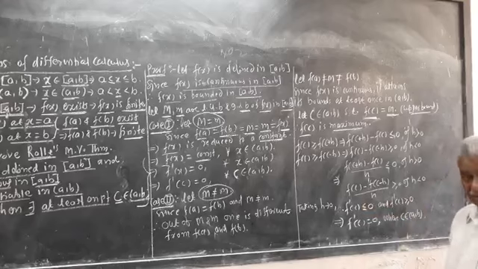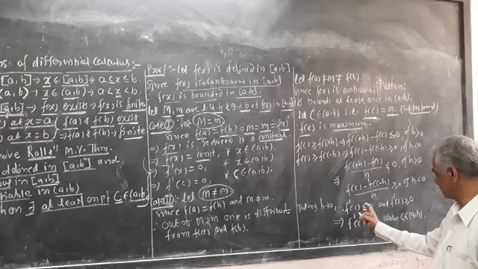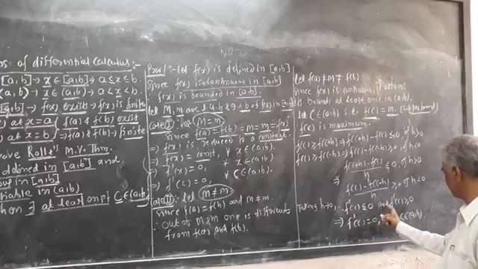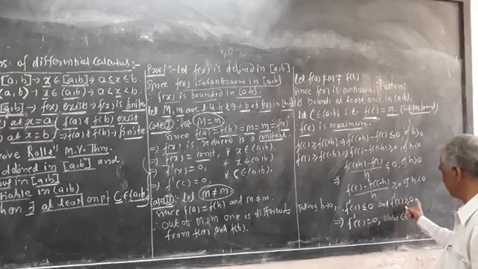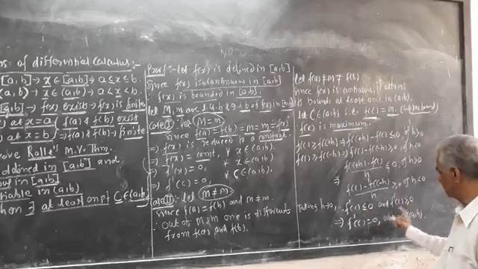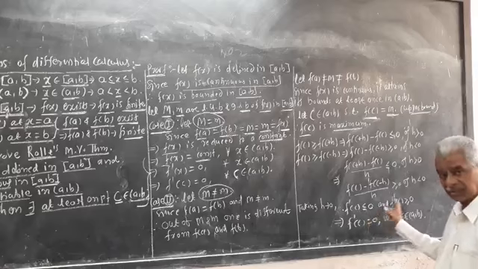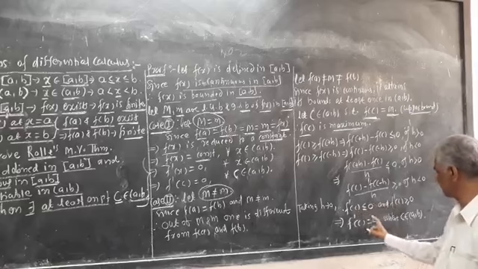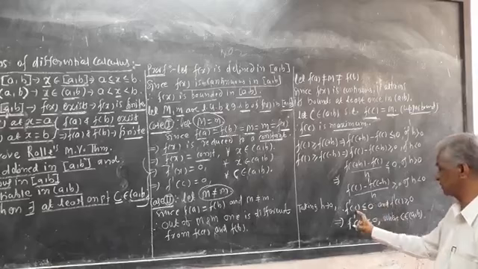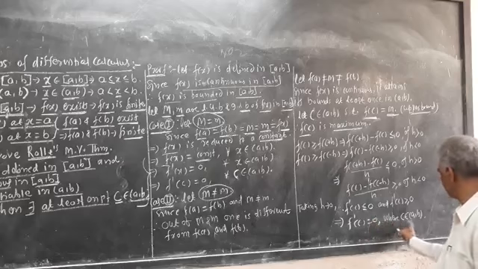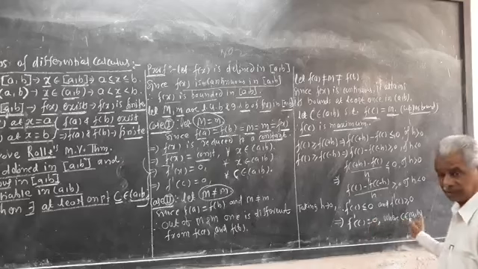Now here we have the two results simultaneously. f dash c is less than 0 and f dash c is greater than 0. And these two results simultaneously hold good only when that quantity is equal to 0. Means f dash c must be equal to 0, where c belongs to AB.